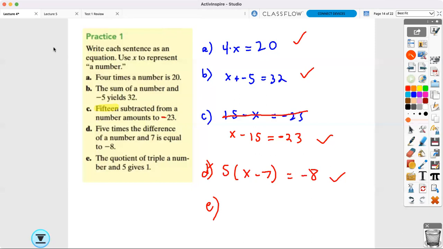Anyone for E? Three x divided by 5 equals 1. Anyone agree or disagree with this answer before I reveal if it's right or wrong?